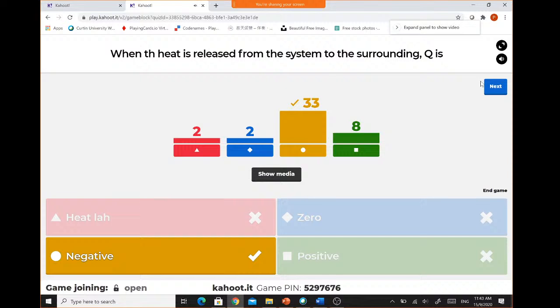Okay, so the heat released means Q is negative, based on the sign convention.